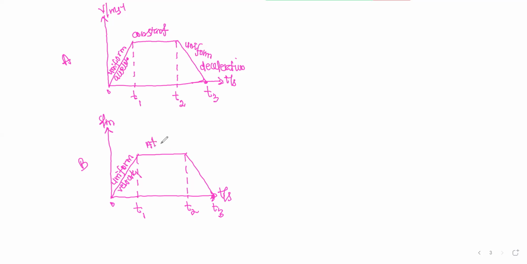Then uniform velocity motion again, but it is returning to its starting point, returning back to its starting point. That's the difference between these two graphs.